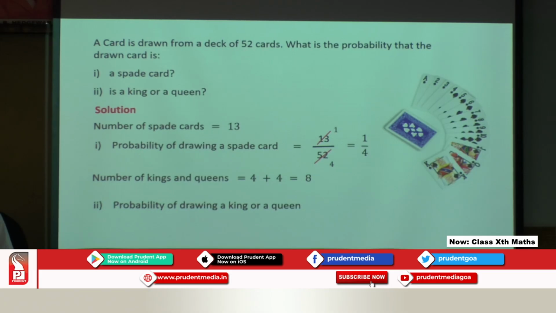So, probability of drawing a king or a queen equals 8 upon 52. Dividing by 4, 4 2s are 8, 4 13s are 52. You get 2 upon 13.